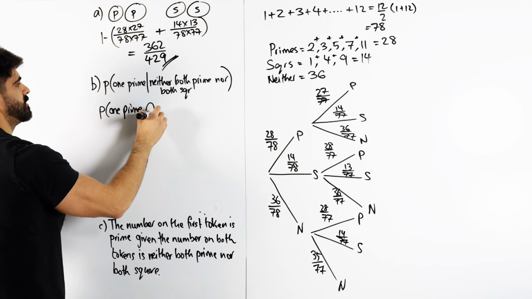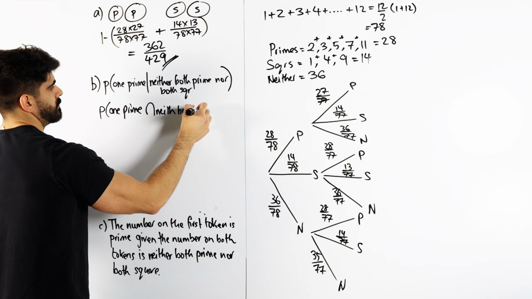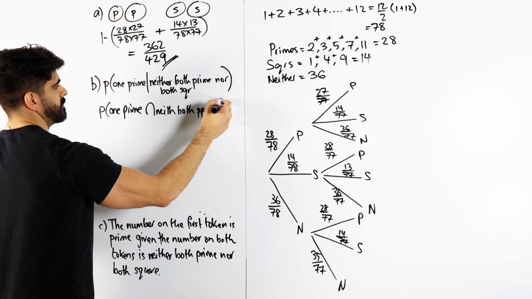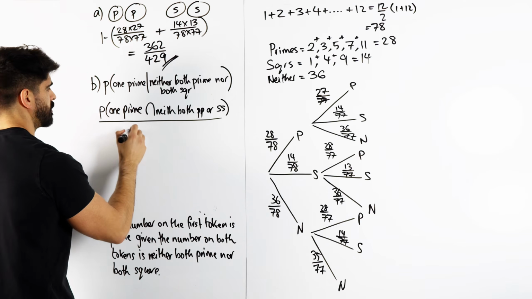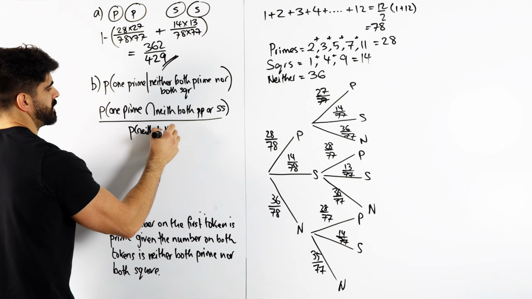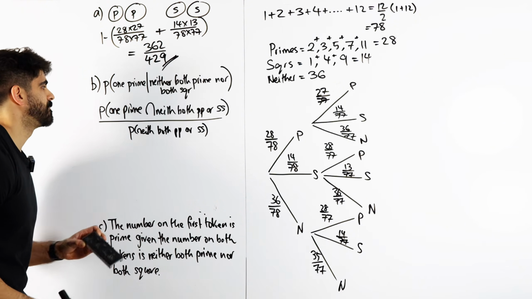So it becomes an AND, neither both, I'm just going to say PP or SS, all over the probability of neither both PP nor both square.